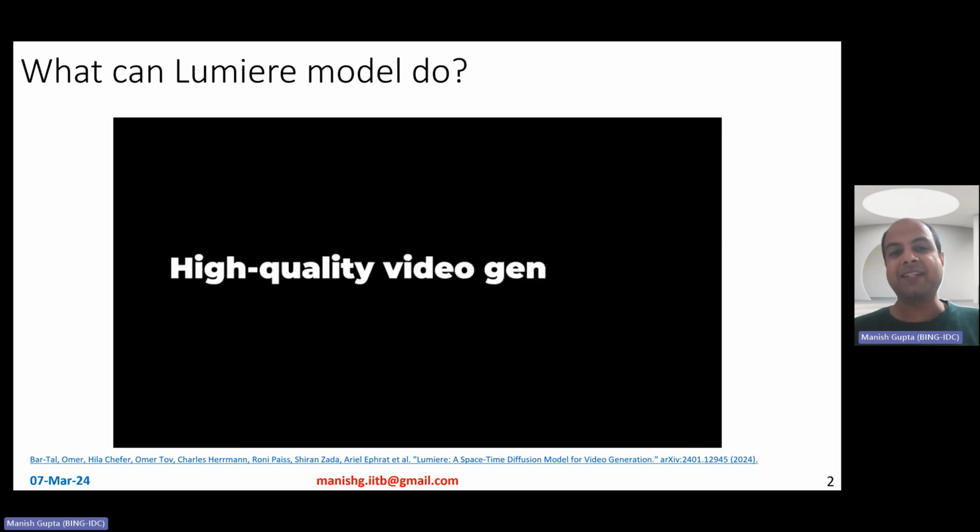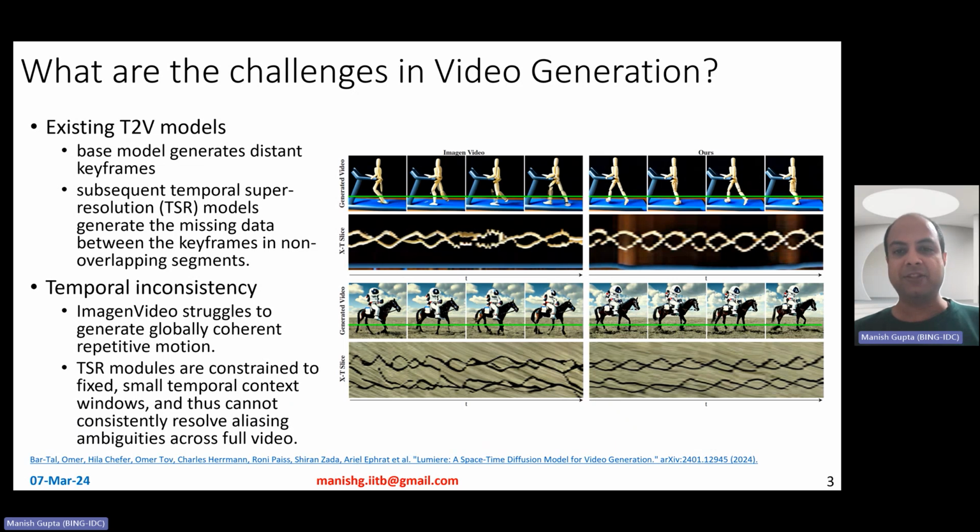So really awesome, right? The capabilities are really good. But for the current models, video generation is not easy. Actually, video generation is really, really tricky. For existing text to video models, it is tricky because they do video generation in two steps mainly.